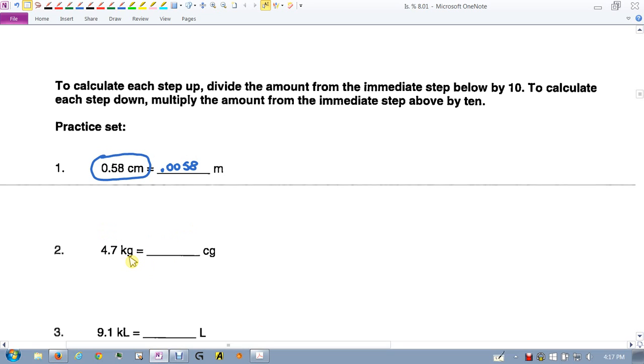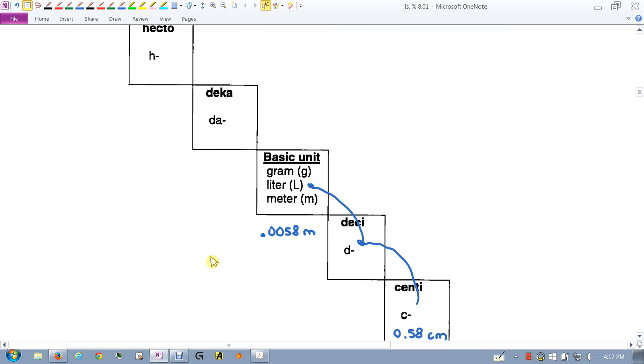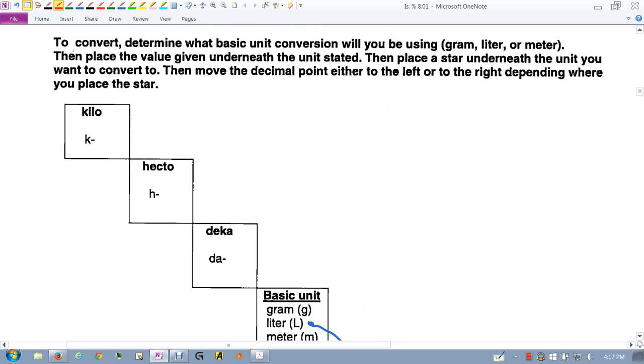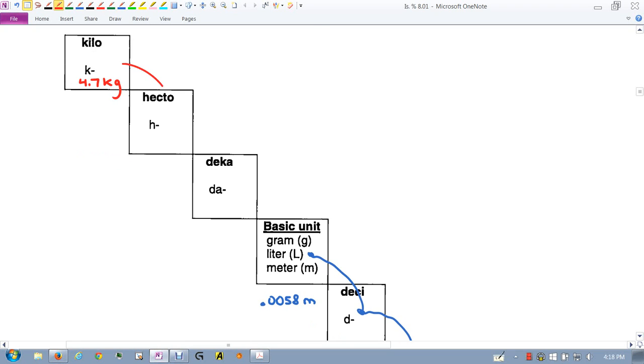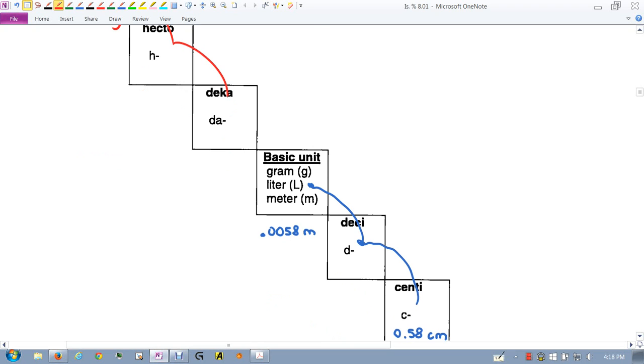4.7 kg stands for kilograms into cg, centigrams. Not used very often, right? Centigrams, but we could do it. So I'm going to come up here, 4.7, I'm going to put it right here, 4.7 kilograms, and I want to go all the way down to centigrams. So I'm going to move 1, 2, 3, 4, 5 positions, right? 5 steps.